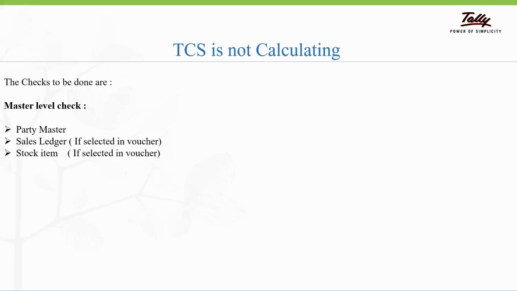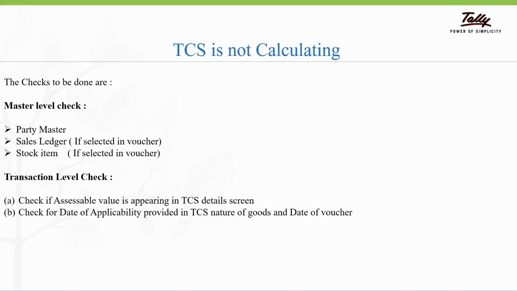After the master level check, even after configuring these masters, if calculation is not happening, we need to check certain things at the transaction level. Those are the accessible value. Check what value is appearing in the accessible value field in the TCS detail screen, and the second one is to check the date of applicability of TCS and the date of voucher.